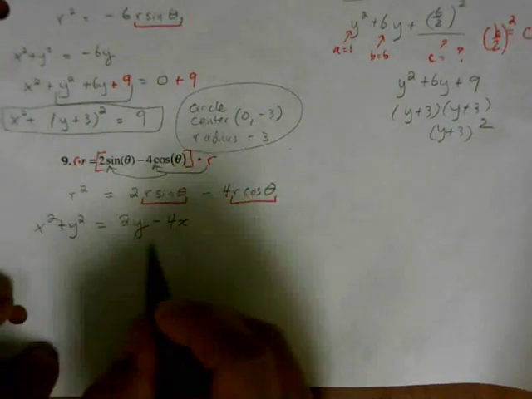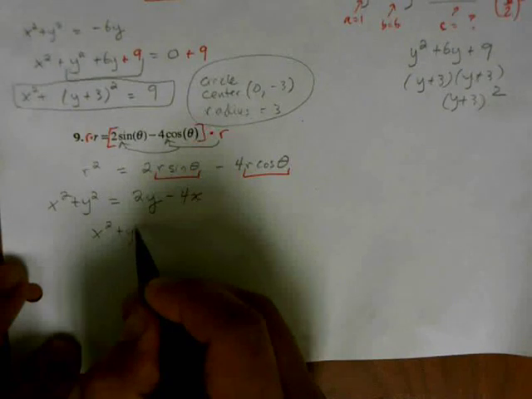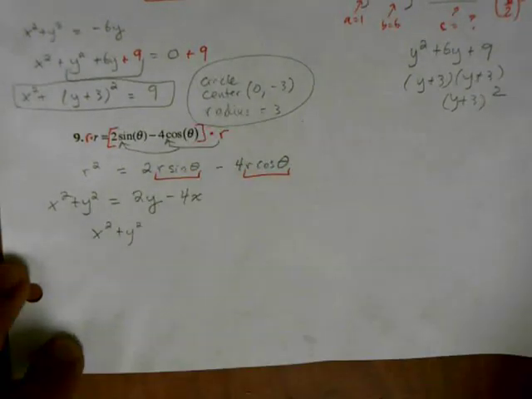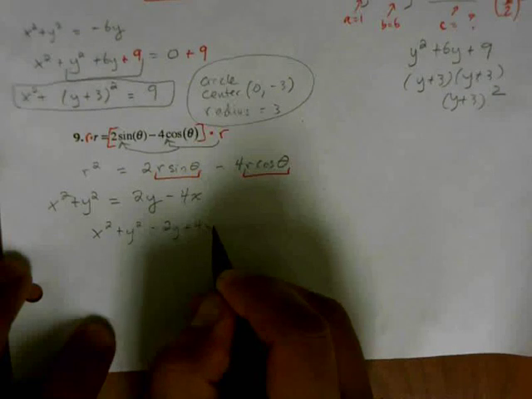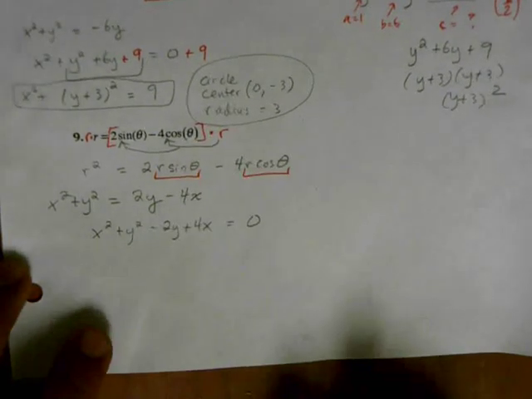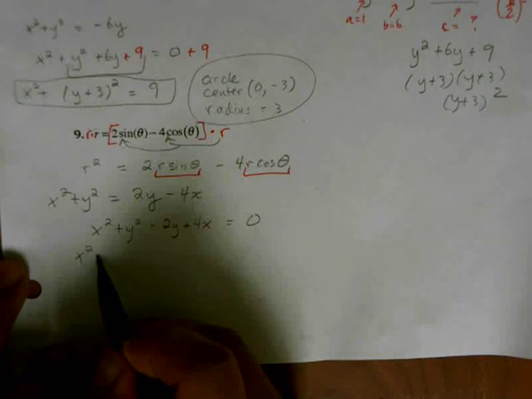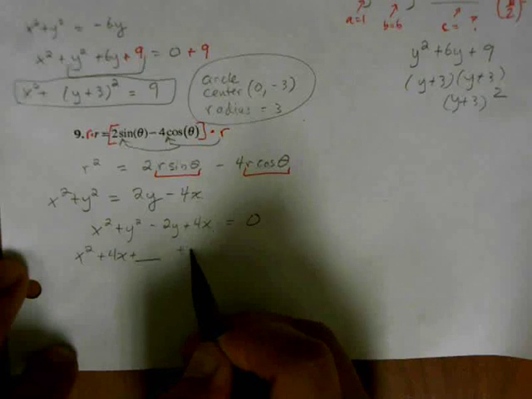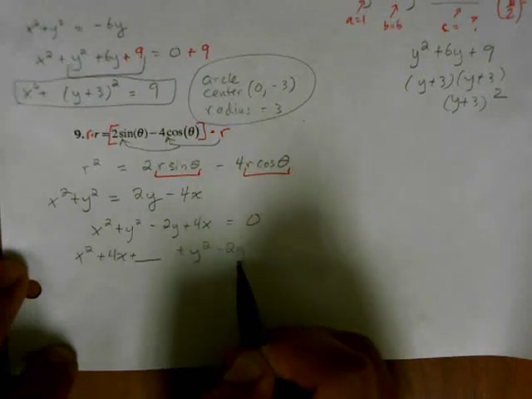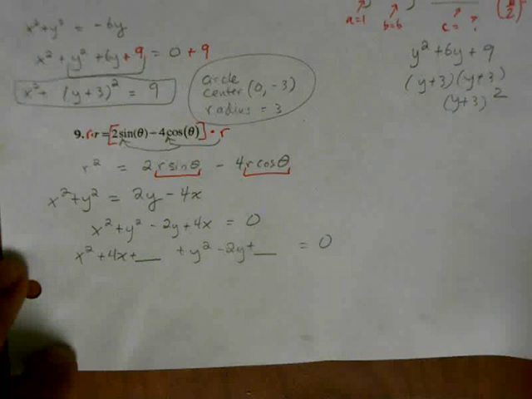I'm going to bring both of these terms to the left side of the equation here, so I get x squared plus y squared minus 2y plus 4x equals 0. And then I'm just going to realign this and put all my x's together, x squared plus 4x. And I'm going to leave a blank here because I need to complete the square, plus y squared minus 2y. And leave another blank here because I know I'm going to need to complete the square there as well.